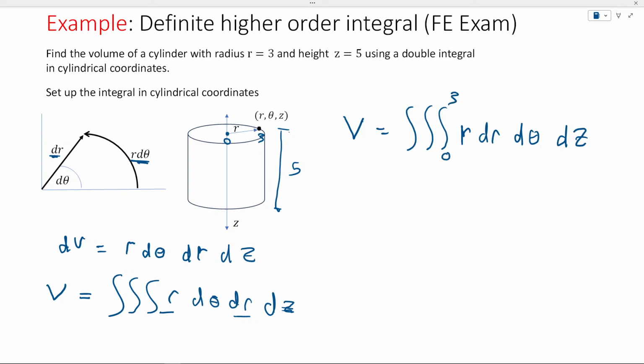I'm integrating with respect to d theta. D theta goes from what? It goes from 0 till 2 pi. And z goes from what?